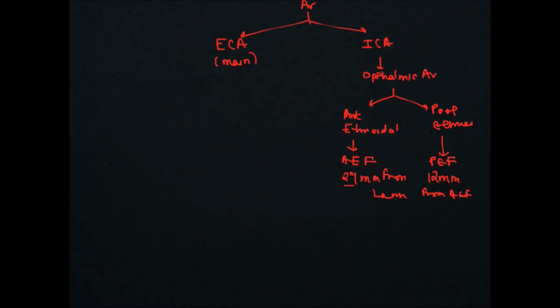So just remember, it is 24 millimeter from the lacrimal crest, and this is 12 millimeter from the anterior ethmoidal foramen. It is clinically important because just 6 millimeter posterior to it, there is the optic nerve. So this is about the internal carotid artery system.